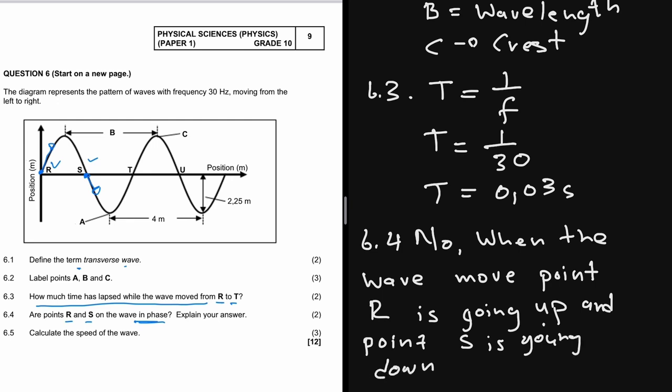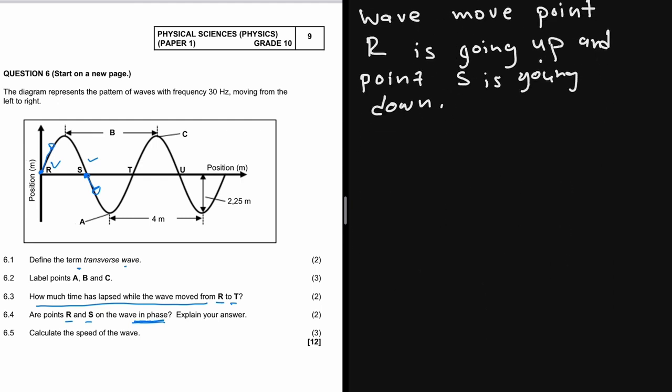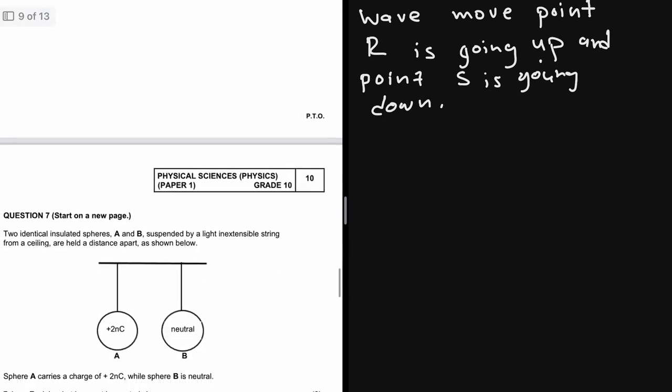That is why they are out of phase. They are not in phase, they are out of phase. So that is how you can answer that question.